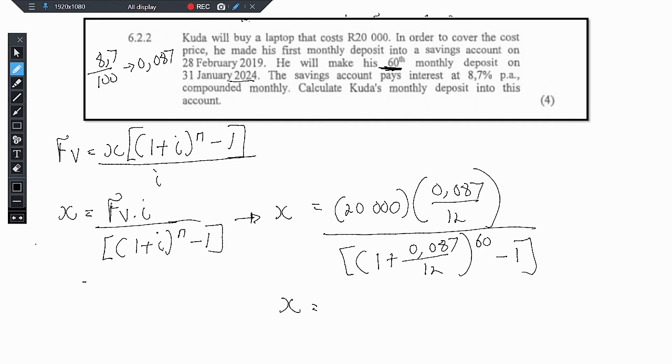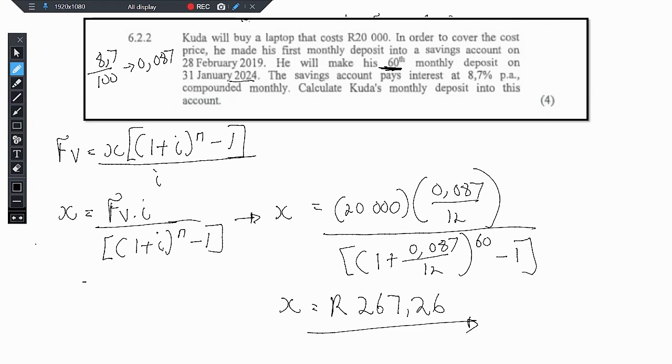So at that point, you just simply punch everything into your calculator. Then, all right, we find that Kuda's monthly deposits will have to be 267.26, rounded off to 2 decimal places. And that's how you go about tackling these questions.